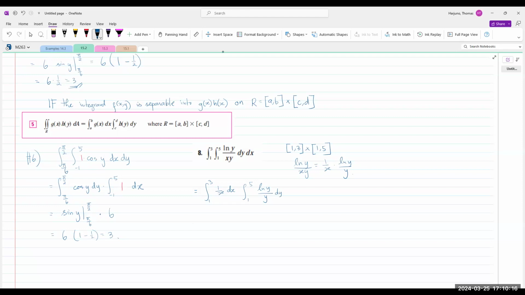Okay, now the integral of 1 over x is natural log of absolute value of x from 1 to 3, right? Times, the second part is a bit tricky. How do I integrate natural log of y over y?